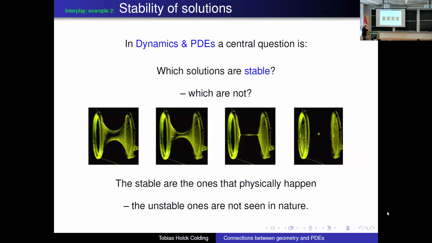The second example that I will look at is stability of solutions. In dynamics and PDE, a central question is which solutions are stable and which are unstable. The stable ones are the ones that physically happen. The unstable solutions are not seen in nature. Here we'll return to this.